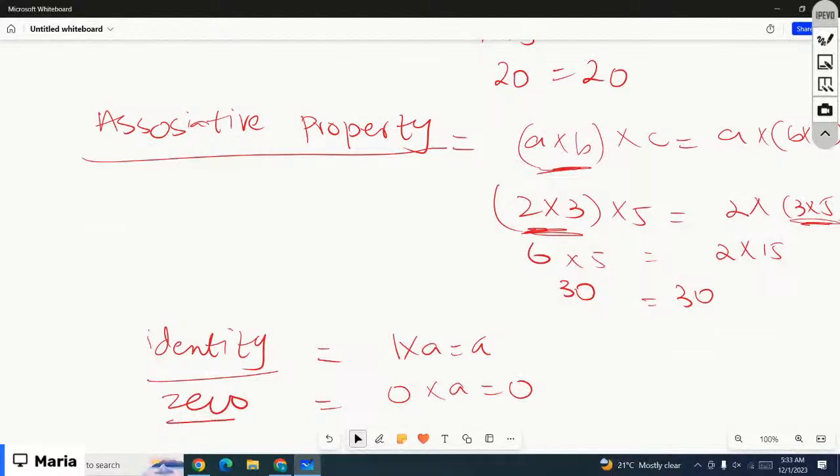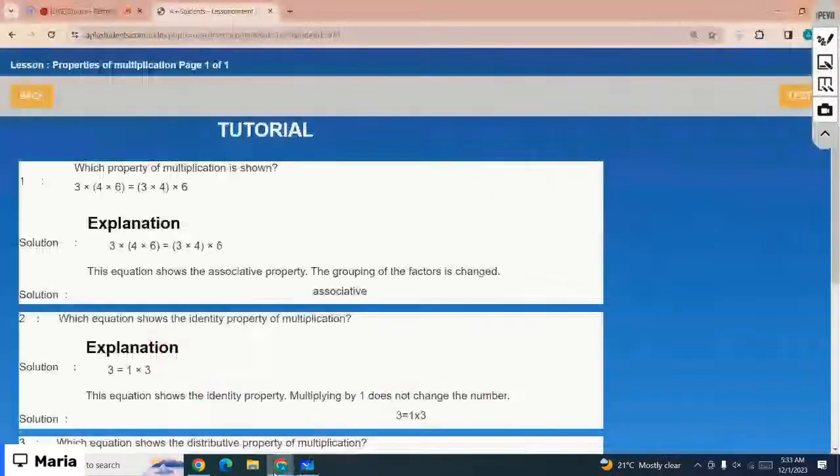So these are the four properties: commutative property, associative property, identity, and 0. The commutative property involves two numbers, the associative property involves three numbers, identity is 1 times the number, and 0 is 0 times the number, right? Let's just start with the test questions now.